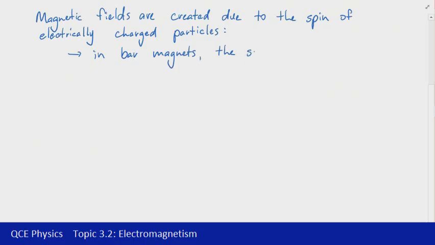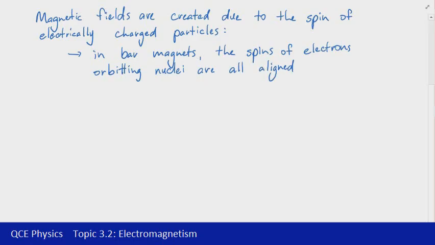So when we say the spin, we're literally talking about the particle itself having that sort of rotational motion, and all of those electrons, in the case of a bar magnet, are orbiting their nuclei with their spins being aligned. So that then leads to this property of magnetic fields.